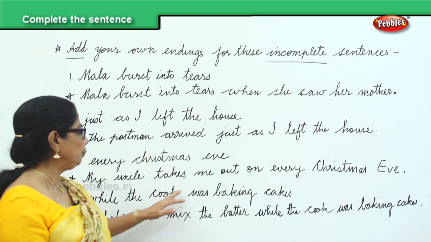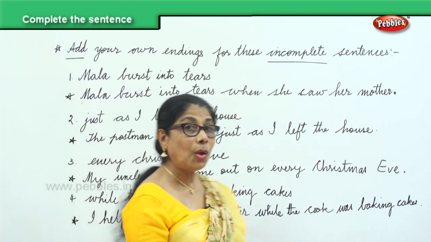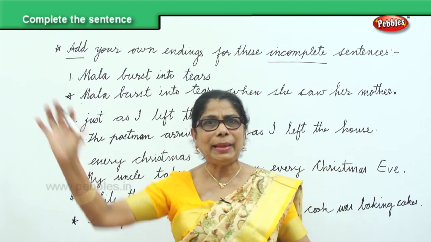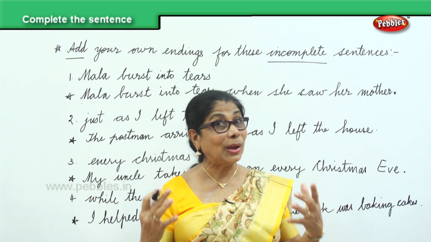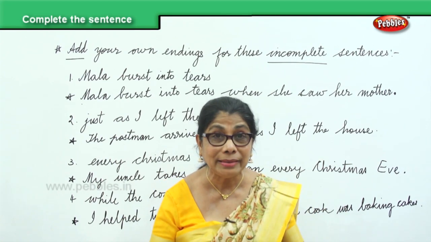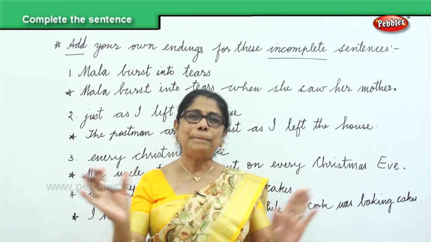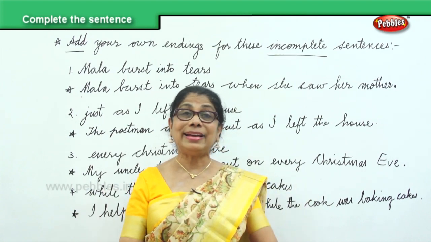While the cook was baking cakes, I helped to mix the batter. Whatever it is, begin the sentence with a capital letter, end with the full stop. Now you know how to complete a sentence, how to fit in words in the beginning or the end, making a complete sense for a nice sentence.